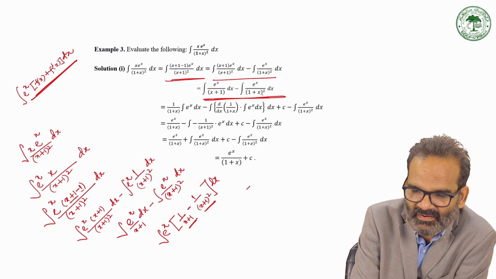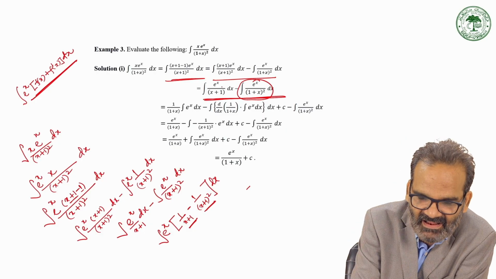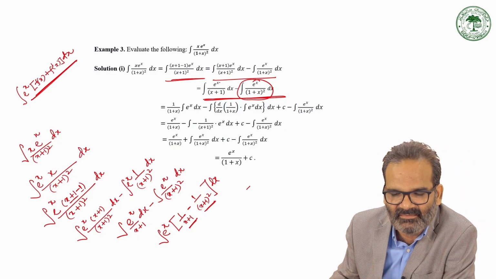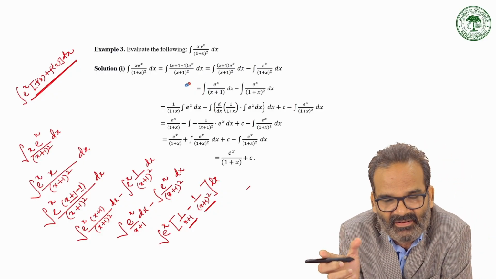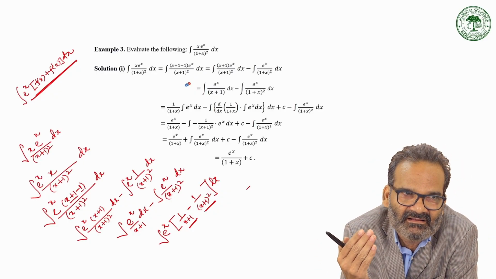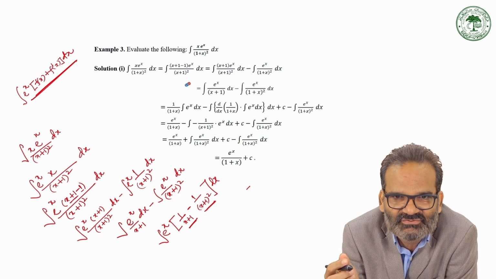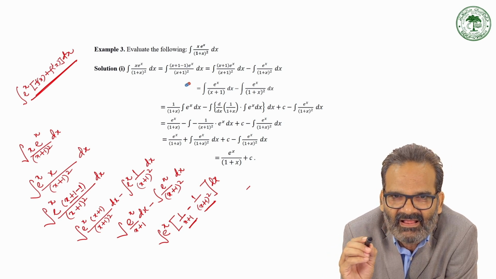So what we will do, we will keep the second portion as it is unchanged and we will use the method of integration by parts in the first portion, that is e raised to the power x upon x plus 1. e raised to the power x is an exponential function, so it should be taken as second. 1 upon x plus 1 should be taken as the first function.